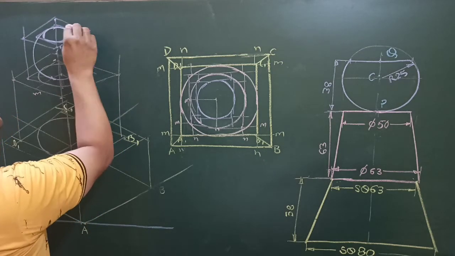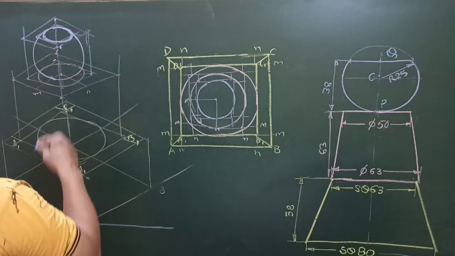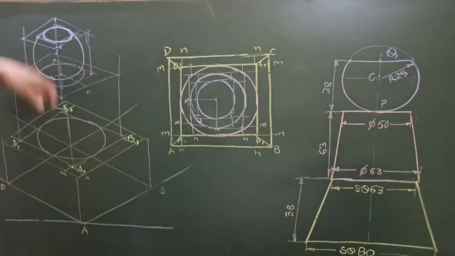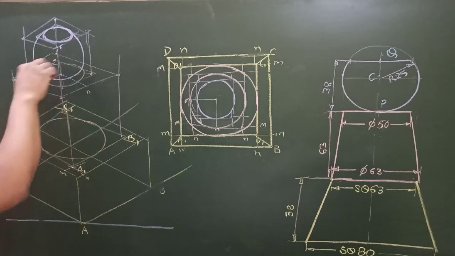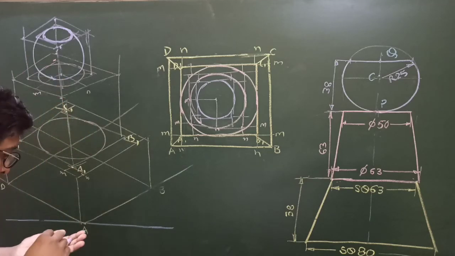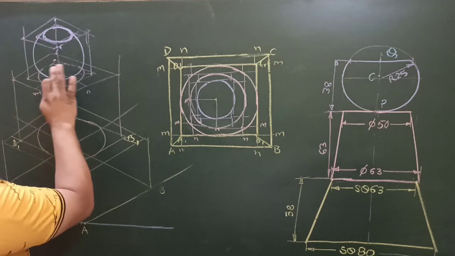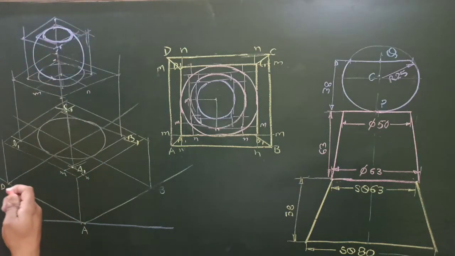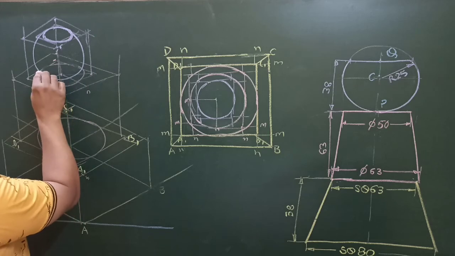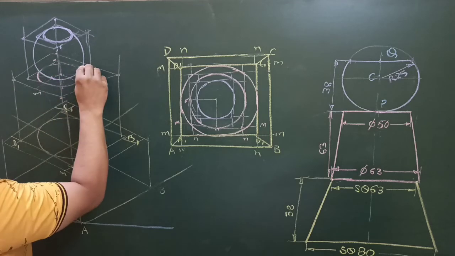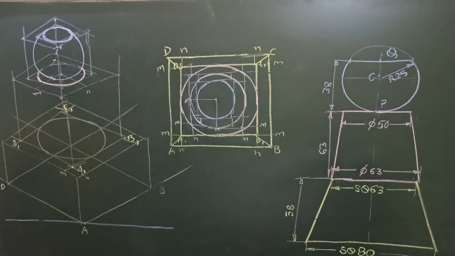Now you can darken. As you know, in isometric projection we start darkening the objects from the top, because we generally don't show the hidden lines. So we have to identify which face is visible and which is not. All these faces which are behind the objects are not visible. So this is darkened, then this ellipse will be darkened like this.